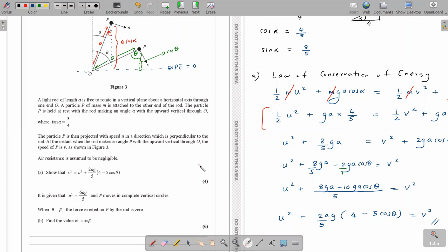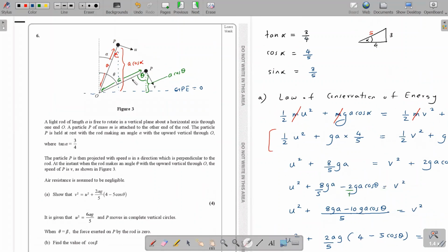Anyway, in here they tell you that the force exerted on P by the rod is 0. So what is the force exerted on this particle by the rod? Let me erase all this. Here this theta is a general position. So what is the force exerted on the particle by the rod?